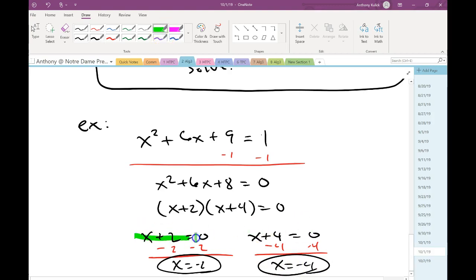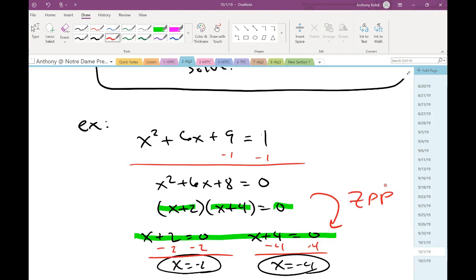This step, though, where I set each piece equal to 0, only works because I have, in the previous step, two things multiplied together that equal 0. So I'm using the zero product property to go from that factored form equal to 0 to each factor equal to 0. So that's where the zero product property is occurring. Everybody okay with that idea?